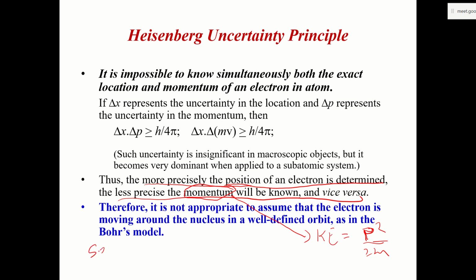It is the spectroscopy that tells you about energy, and then you can get to know about potential energy, kinetic energy, and from the kinetic energy you can know about the momentum. Did you understand it this way?